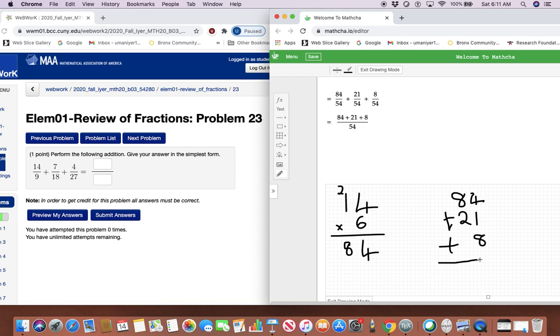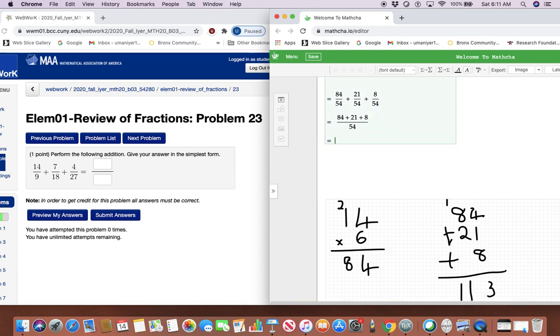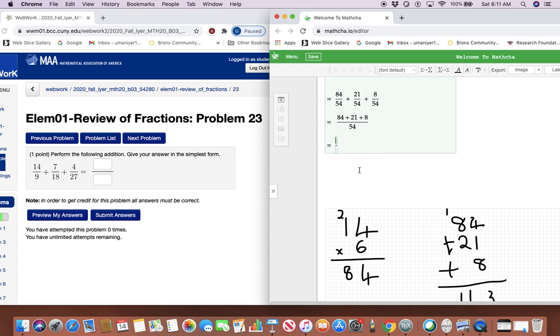So that gets me what? 8 plus 1, 9, plus 4 is a 13. 1 plus 8, 9, plus 2 is an 11. So this gets me fraction 113 over 54. Well, they want you to write it in a fraction with the simplest form.